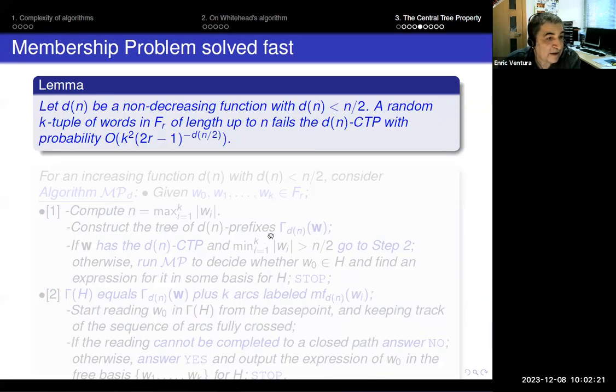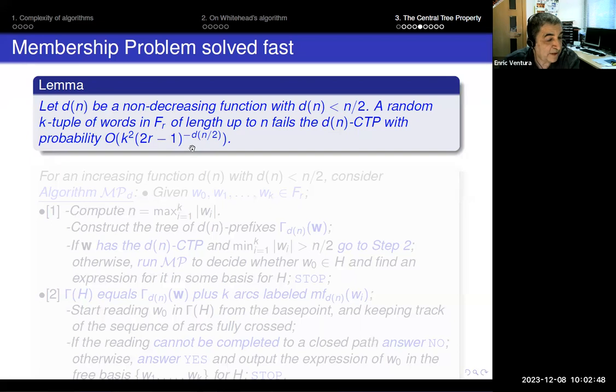Okay, and not very difficult counting is telling us that this is going to happen with big probability. If you take an arbitrary k-tuple of words, the probability that they fail to satisfy the central tree property with a given parameter is going to be exponentially tending to 0.